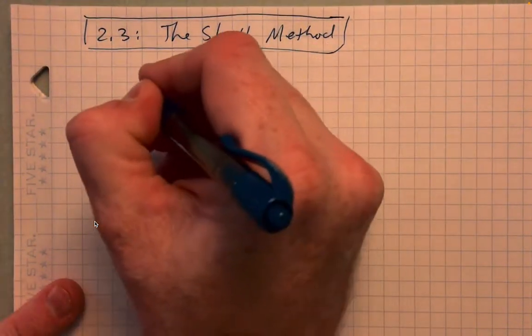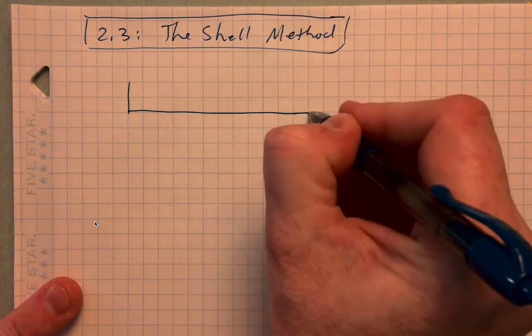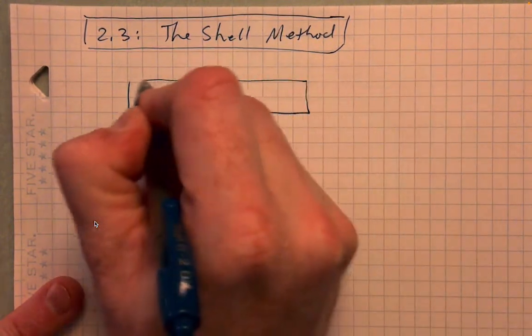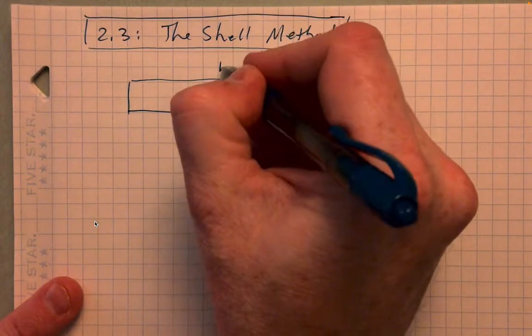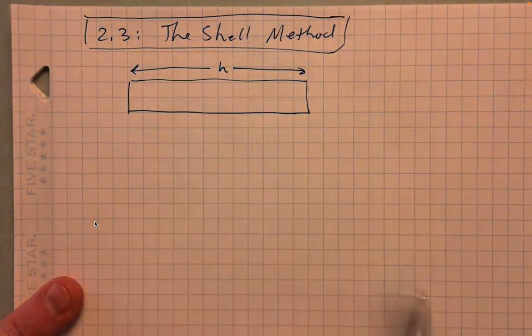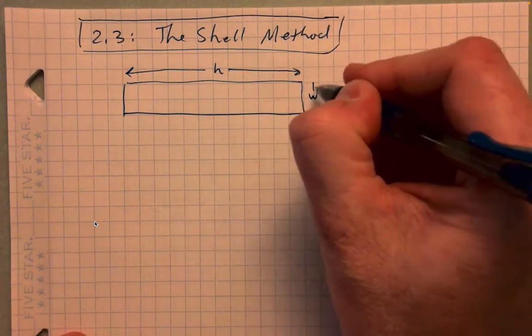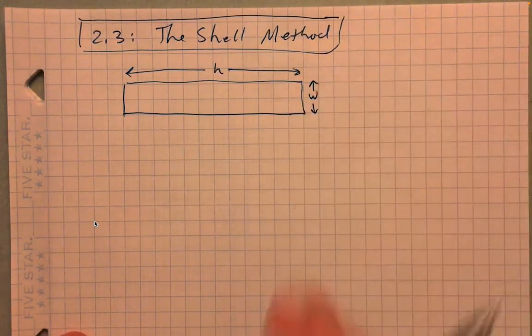We're going to start with a rectangle. It's going to have a certain height. I realize I've drawn it on its side, but that's okay. It's also going to have a particular width.